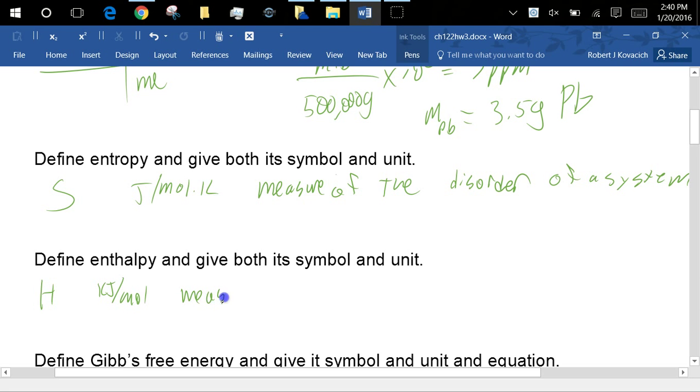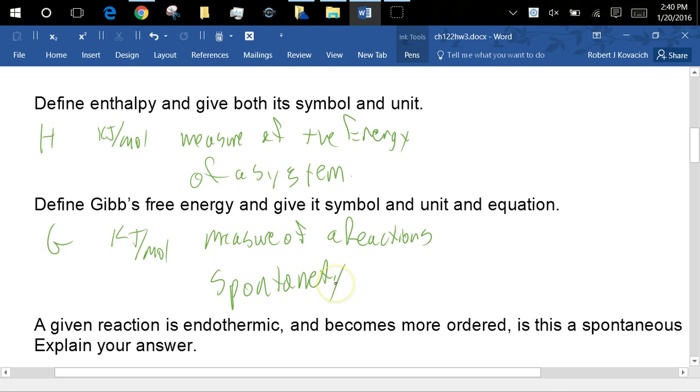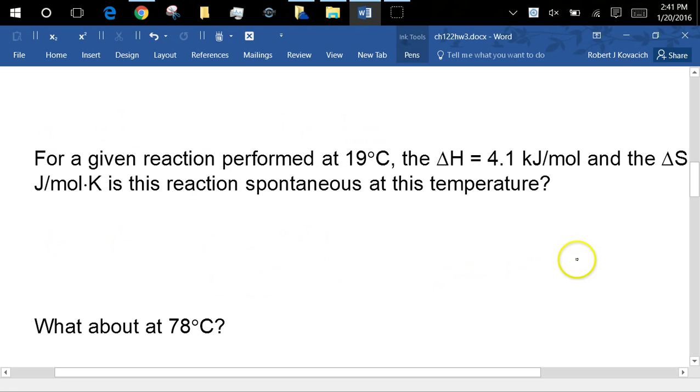And then Gibbs free energy, G, it's also kilojoules per mole, and it's spontaneity, or if a reaction is going to be spontaneous or non-spontaneous. Cool.